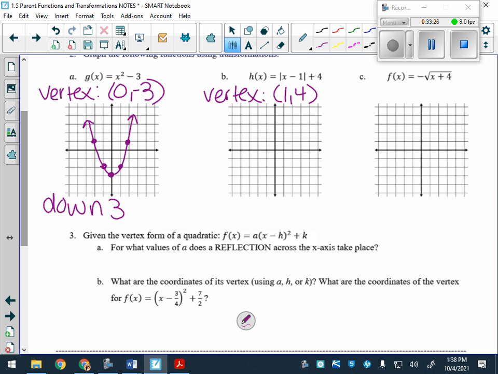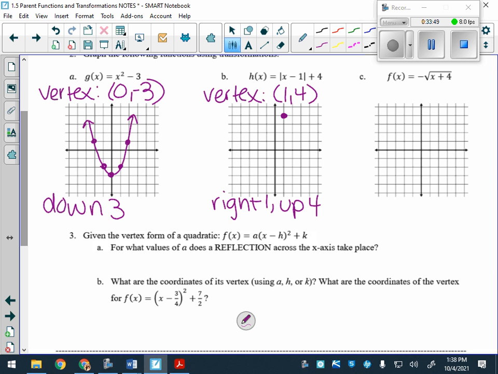Okay, so 1, 4. Okay. What transformations happen? Blake, give me one. Right one, good. Emma, give me another. Up 4.